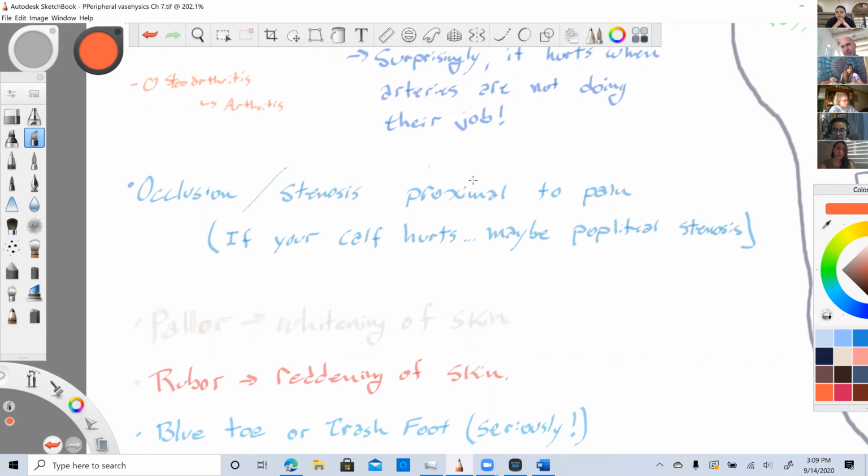This is kind of just some words here. Pallor, whitening of the skin.